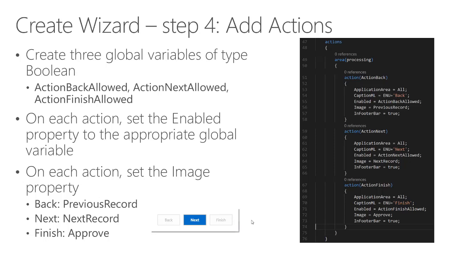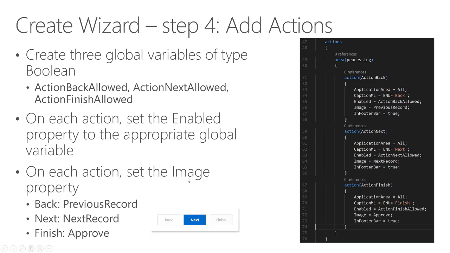So create these three global variables of type Boolean: action back allowed, action next allowed, and action finish allowed. And so those are set as variables for the enabled property, and the value of those are set in the functions that'll be in the navigation code in the next step.